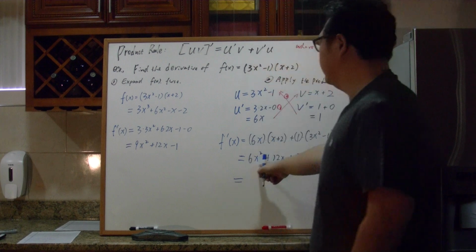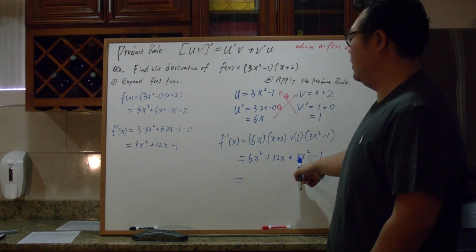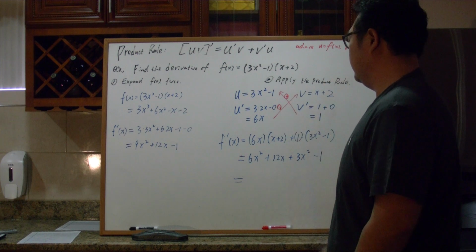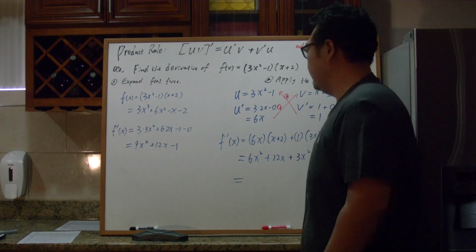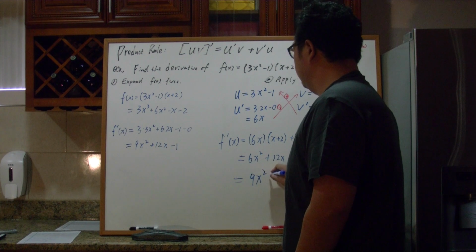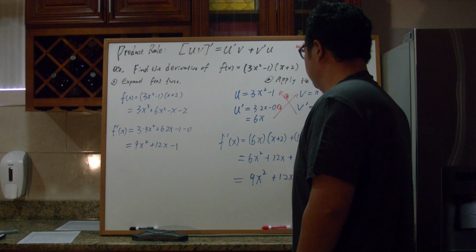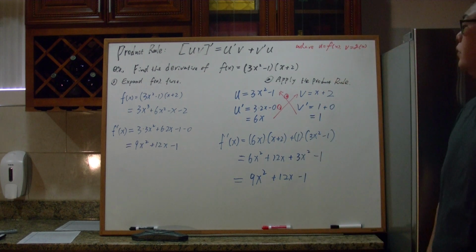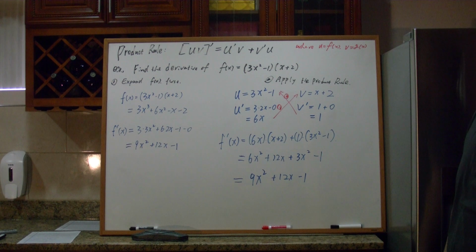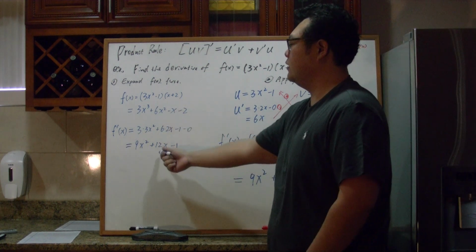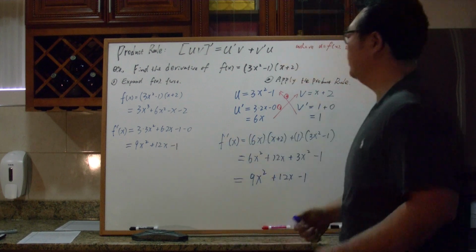Then we combine the like terms. 9x squared plus 12x minus 1. We see that in the example, either we expand it first or apply the product rule, it will give us the derivative in this format.